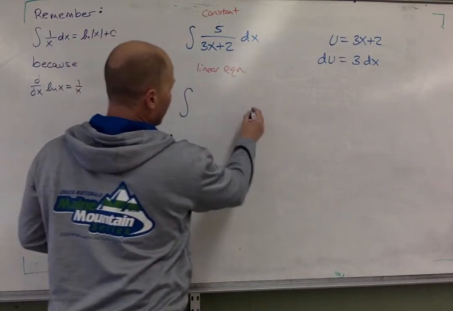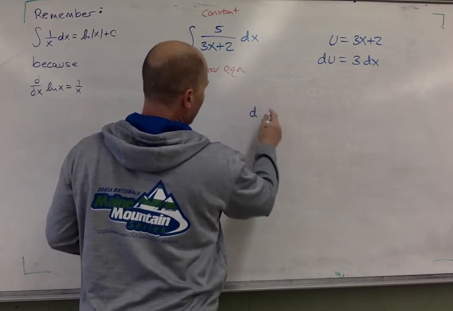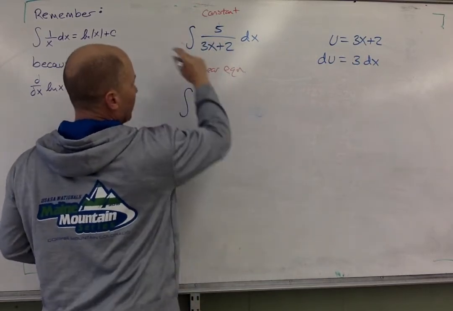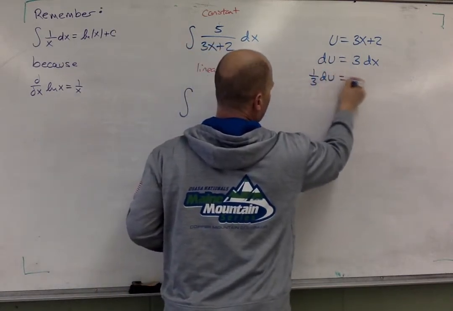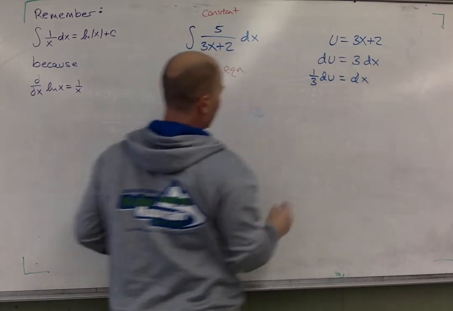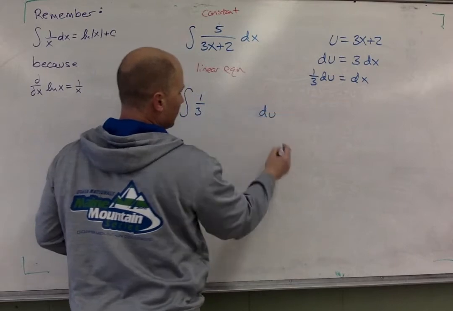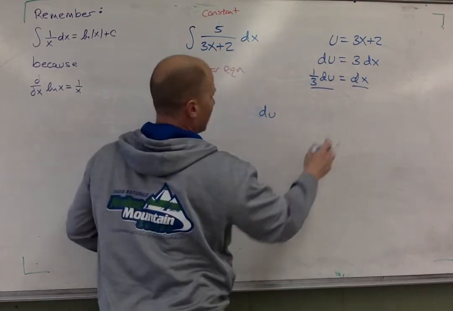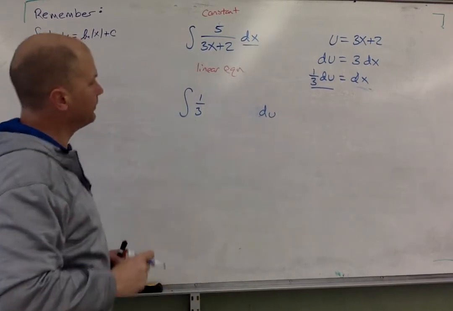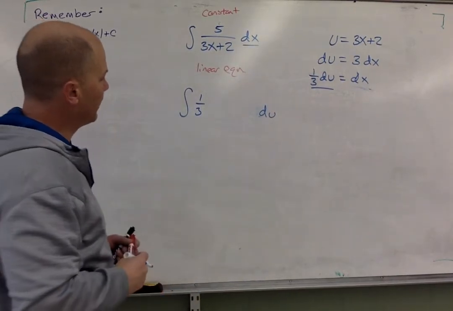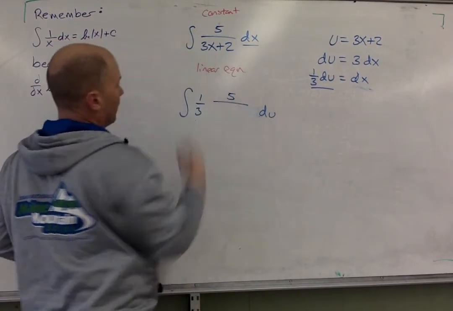And then we have to now substitute back in. So the integral sign stays the same. I need a dx. Well, there is no 3 here, right? It's a 5. So I'm going to rewrite this and say 1/3 du is dx. So I'm going to say 1/3 du, right? That's my dx, takes care of that. And then this 5 is just going to come down because it's right there.